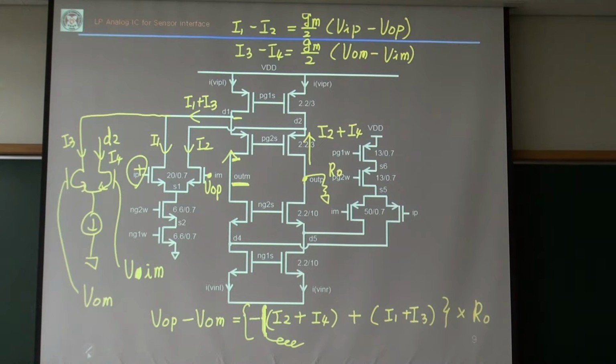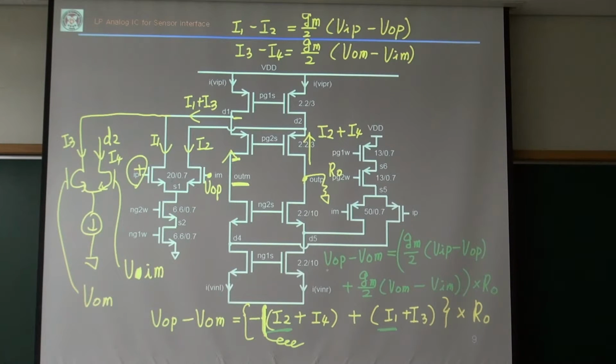Okay, let's continue. So my VOP minus VOM is I1 minus I2. What's I1 minus I2? Oh yeah, there. Half GM, VIP minus VOP. That's I1 minus I2. And then I must add that I3 minus I4, half GM, VOM minus VIM, times RO, okay?